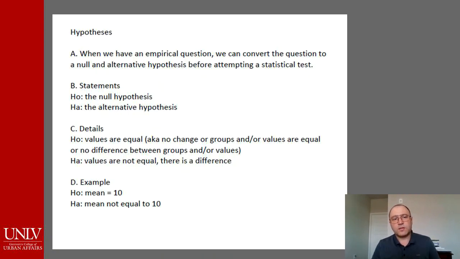We also talked about how the hypothesis includes the null hypothesis and alternative hypothesis. In the null hypothesis, we focus on no effects and no differences, but in the alternative hypothesis, we emphasize differences and or relationships.